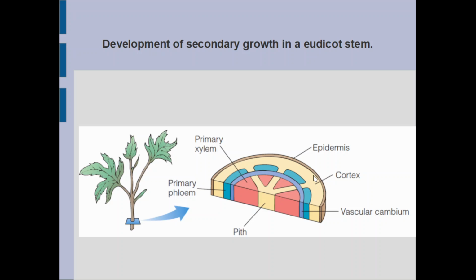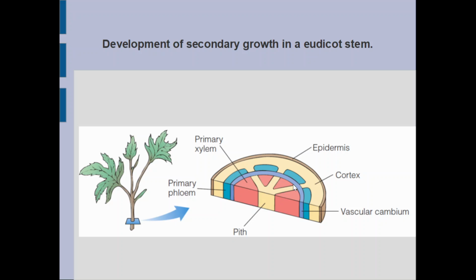The woody plants have a secondary growth, unlike the monocots, and they increase the circumference of the stems and roots.